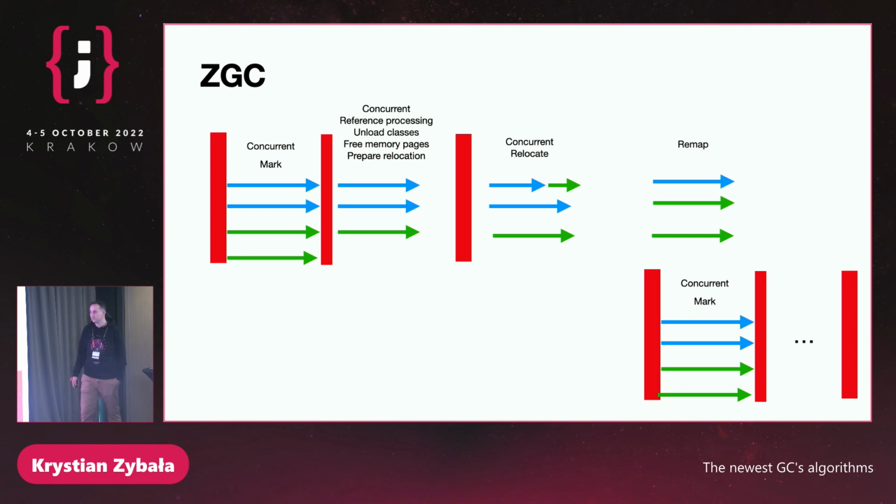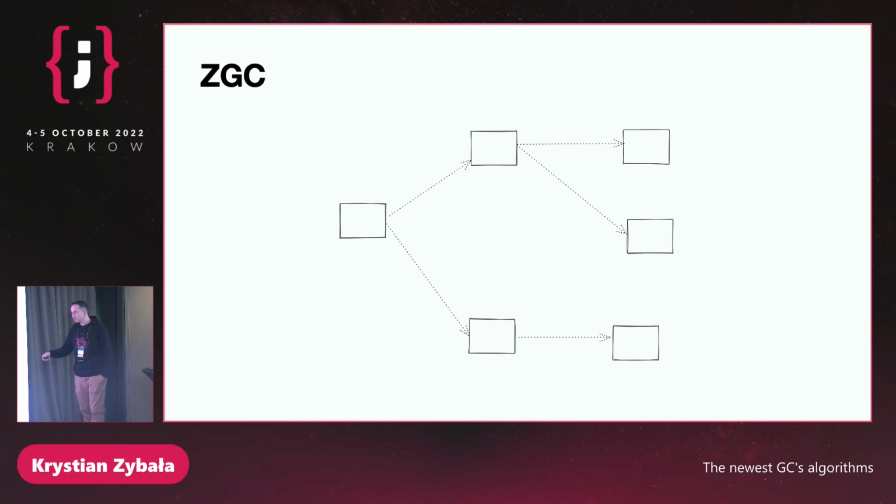And this is very similar to Shenandoah, but in this scenario, after some time, ZGC can decide that the remapping can be moved into the concurrent marking. It's some heuristic for that. Imagine some heap.